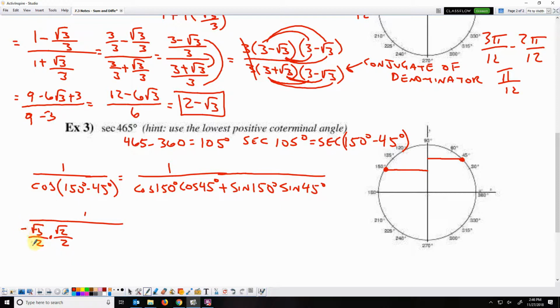Negative root 3 over 2 for cosine 150. Root 2 over 2 for cosine 45. Then plus sine 150. It is up, so it's positive. First position, 1 over 2. Sine 45, it's up, so it's positive. Second position, root 2 over 2.